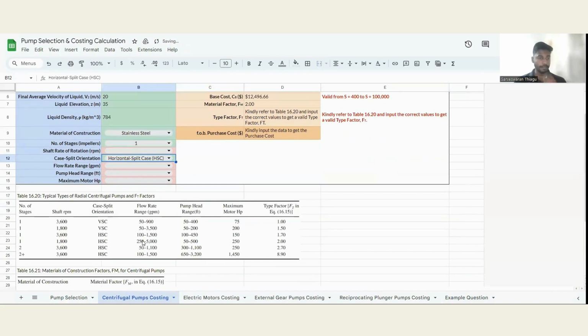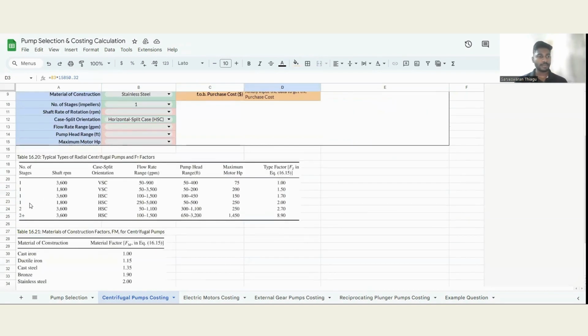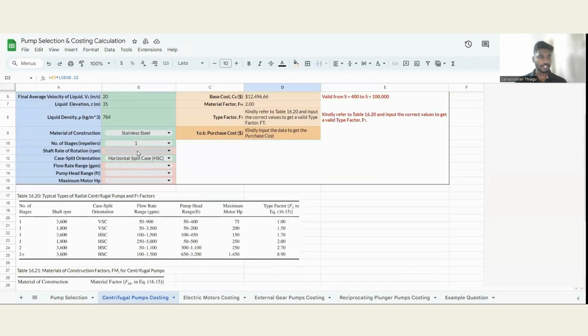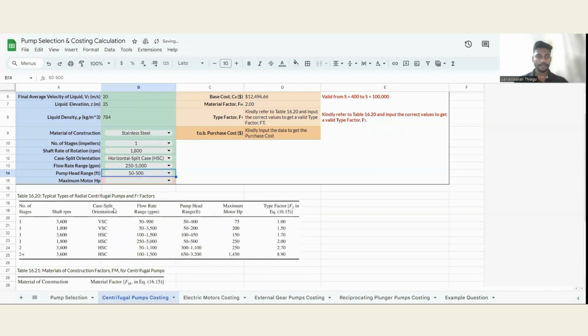And based on this table down here, and the observed gallon per minute flow rate and the pump head, the most suitable and cheapest option that we have is this fourth row, which is one stage and 1,800 RPM HSC with a flow rate of 250 to 5,000 gallons per minute, 50 to 500 range of the pump head, and lastly a maximum motor horsepower of 250.